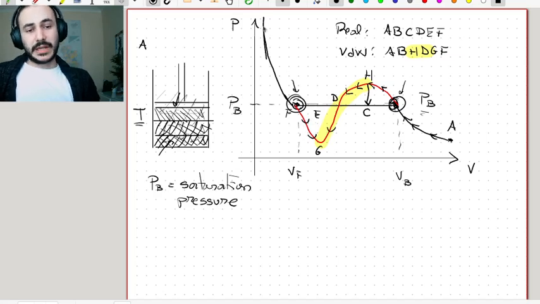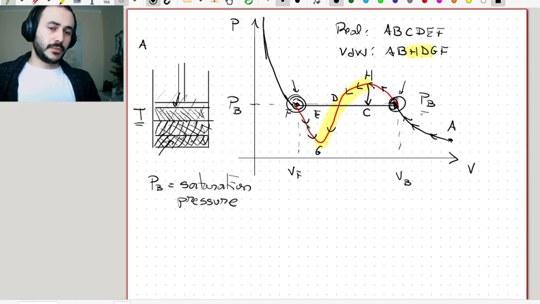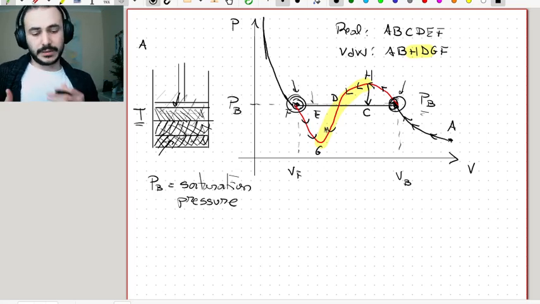If you have a liquid and you start expanding the liquid extremely slowly and carefully, you may find that the molar volume of the liquid can take these values here with a lower pressure than you actually find in reality. Again, this is unstable, and any perturbation will bring the system to its truly stable situation, in which it splits into two phases.